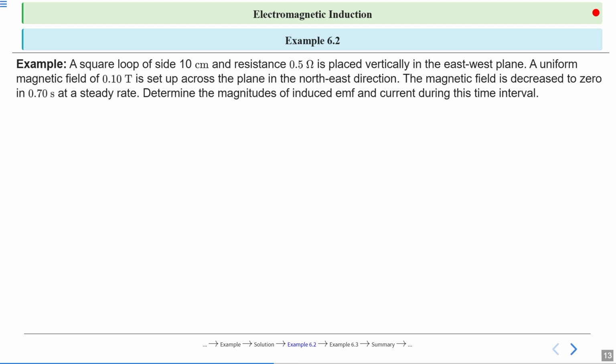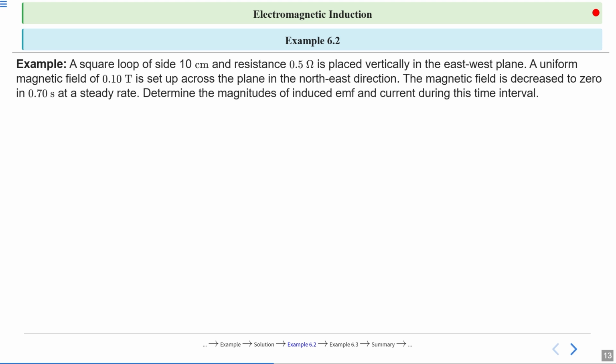You can assume that this square loop is vertical to the east west plane and its area vector will be in the north direction, or you can say south direction, but we are considering the one nearer to the magnetic field. The magnetic field is in the northeast direction, so the area vector will be in the north direction. The initial magnetic field is 0.1 Tesla and it is decreased to 0 in 0.7 second at a steady rate.